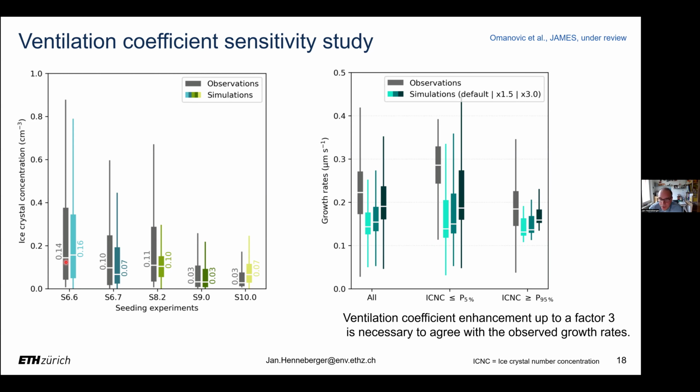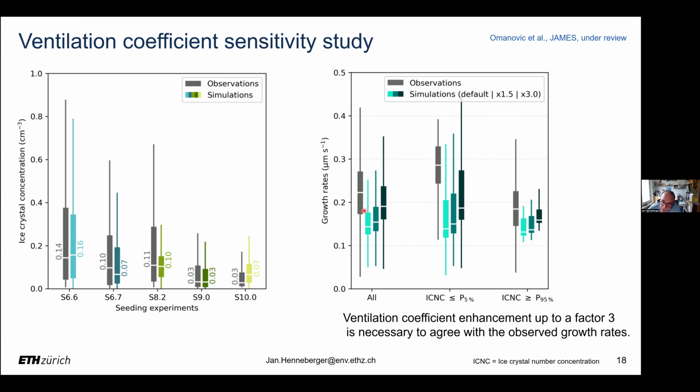So here's the growth rate in the model in the greenish color and in measurement in gray, for all ice crystal number concentrations, only for the small and for the really high ice crystal number concentrations. And then she did sensitivity studies by changing the ventilation coefficient. And she really needed to enhance the ventilation coefficient by a factor of 3 to come nearer to our measured growth rate.